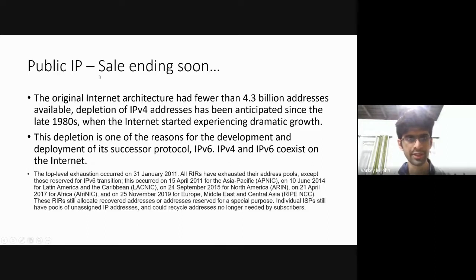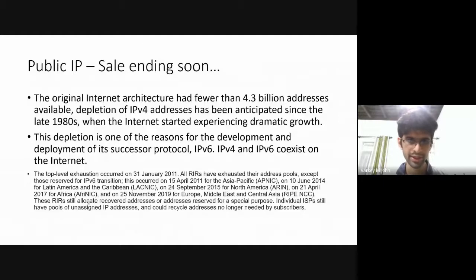The public IP addresses are, I think, basically over. IPv4 initially had only 4.3 billion addresses available, so it was anticipated that they would run out very soon. That's why we started to think about IPv6, which can connect more devices, especially with IoT devices and all coming, so it will be more useful.